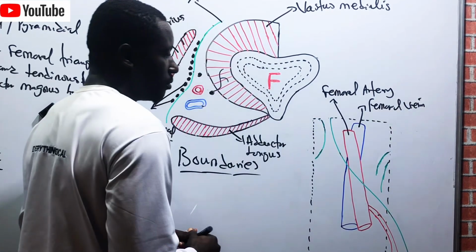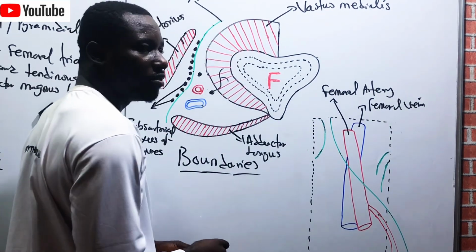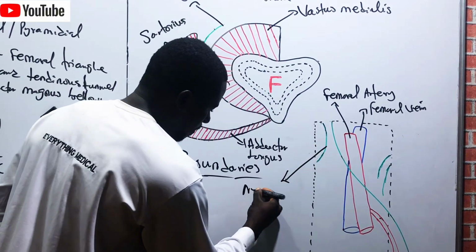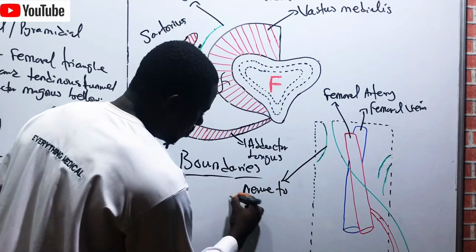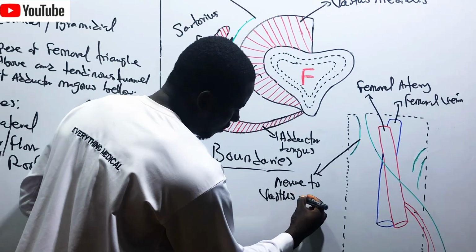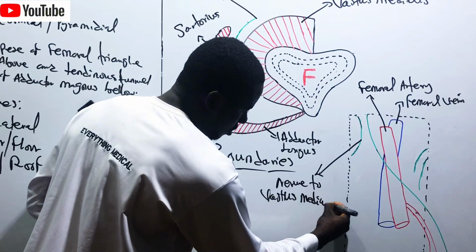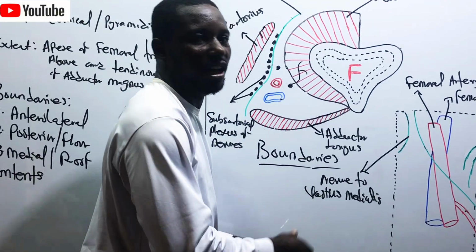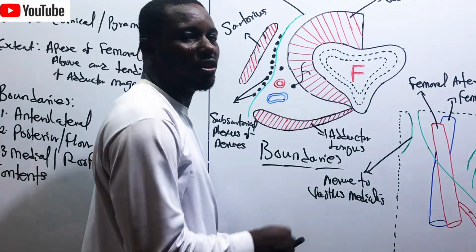The next is the nerve to vastus medialis. We have the saphenous nerve arising from the subsartorial plexus of nerves.